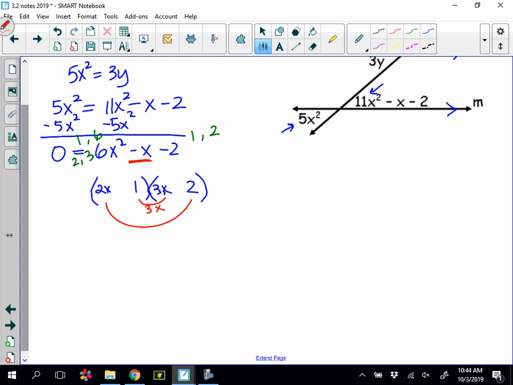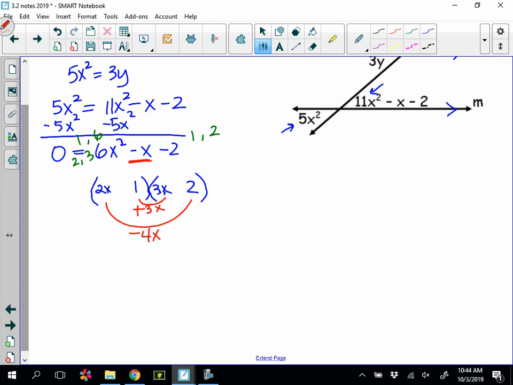If I do 2 times 2, I get 4x. So 4 plus 3 is 7, but I can subtract 4 and 3 and make it negative 1. If I made the 4 negative and the 3 positive, when I add those together, I get the negative 1 that I want.